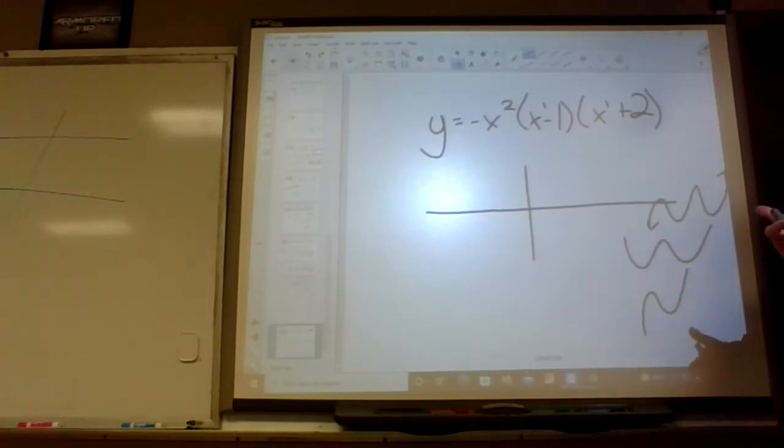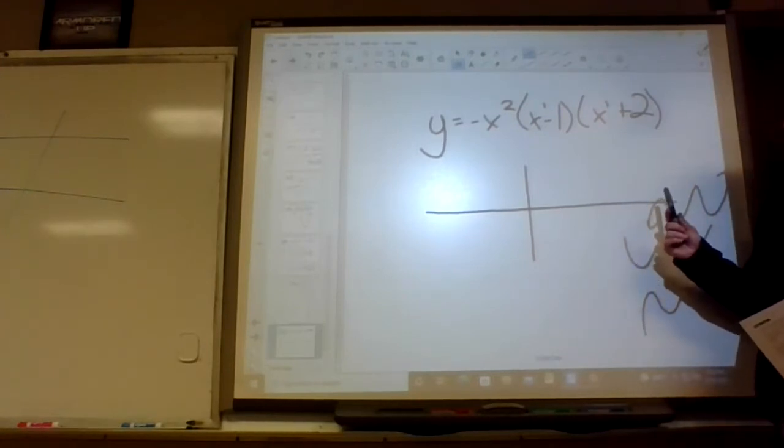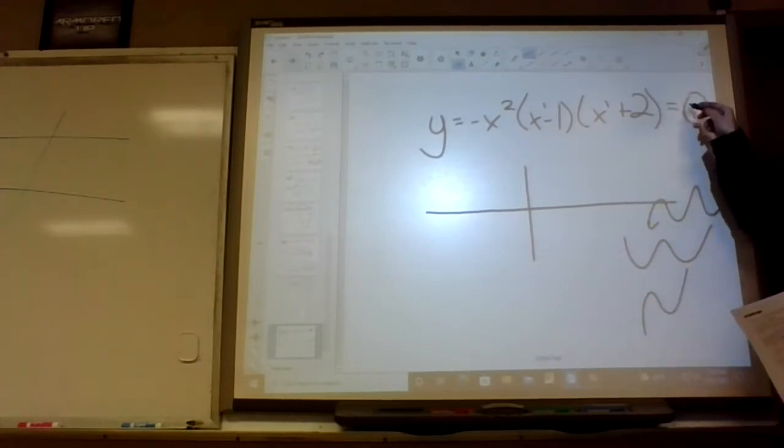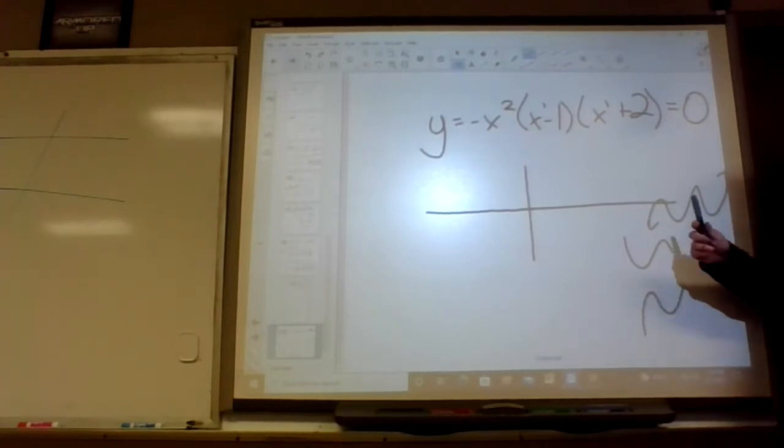You kind of cheat and use a graphing calculator, plug it in and see what it looks like. But the way we graphed it, we're just sketching it. We're not doing a perfect graph, but we figured out what the zeros of the function were. What x values would make this equal to 0? 1, negative 2, and 0.